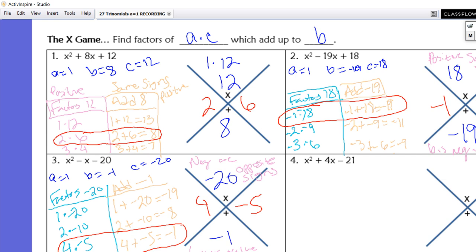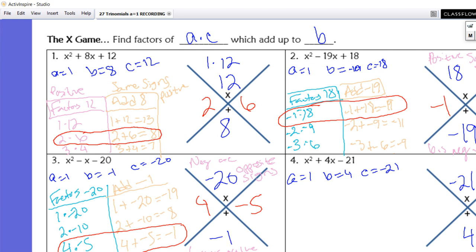All right, our last set that we're going through is x squared plus 4x minus 21. So there are my ABCs. Now I'm going to multiply a times c, 1 times -21. And my add up value is a 4 because b is 4.